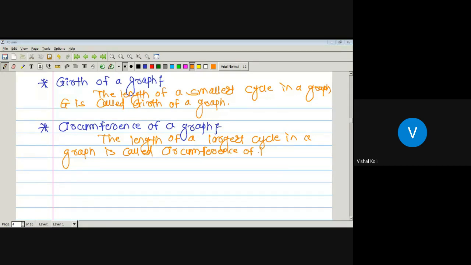So the length of a smallest cycle is the girth of that graph, and the length of a largest cycle in a graph is the circumference of the graph.